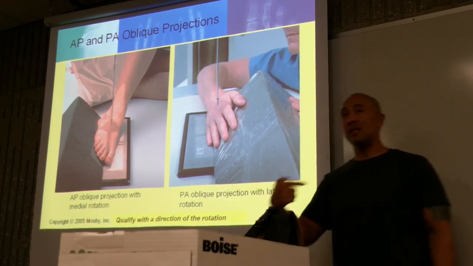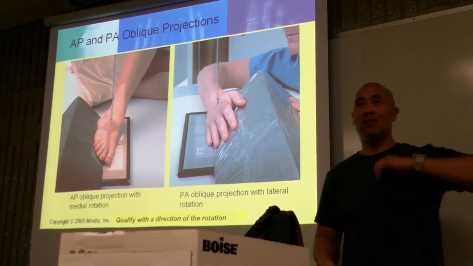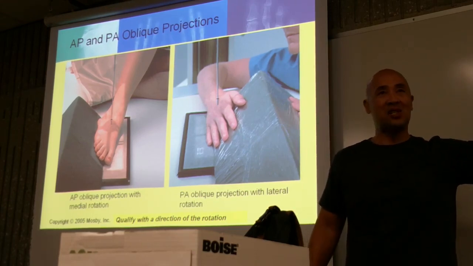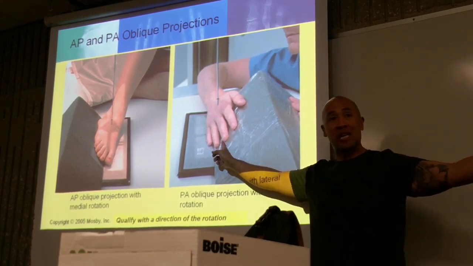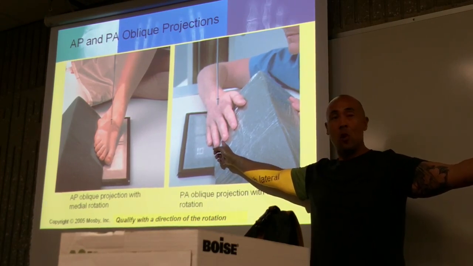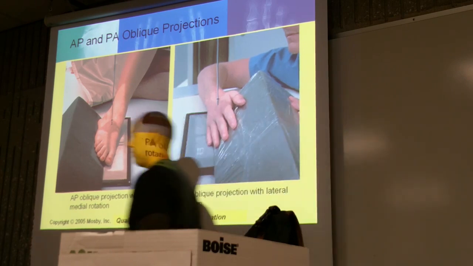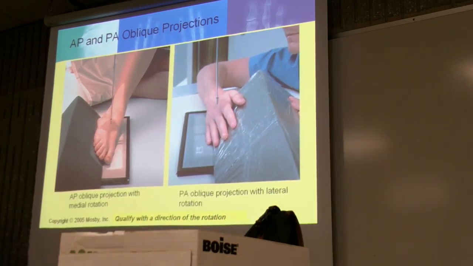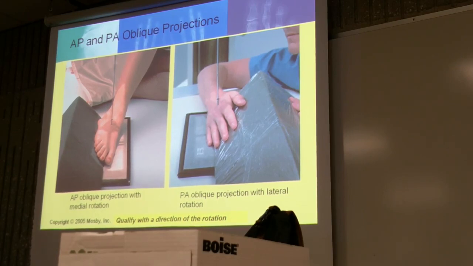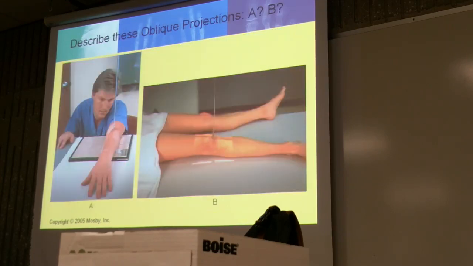So if this is internal, this is what? External. This is an external rotation or an external oblique. Any questions?